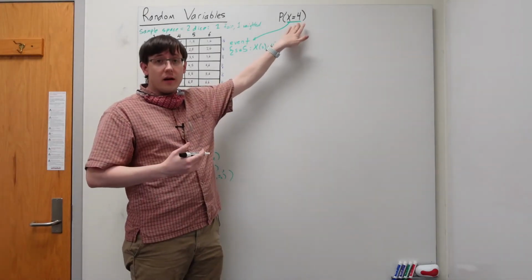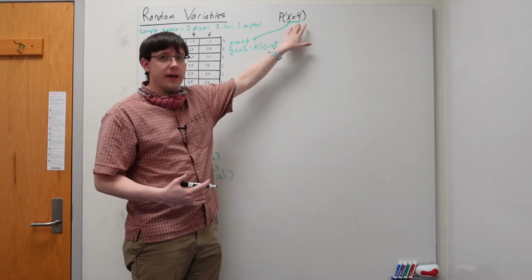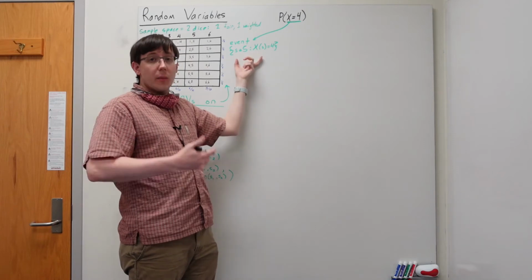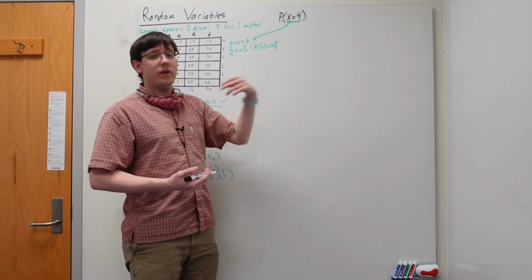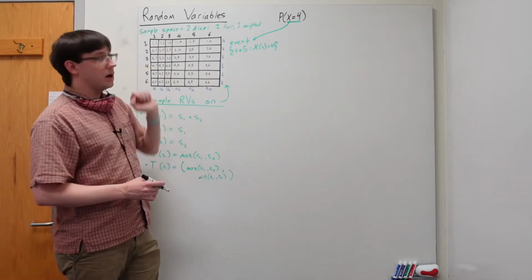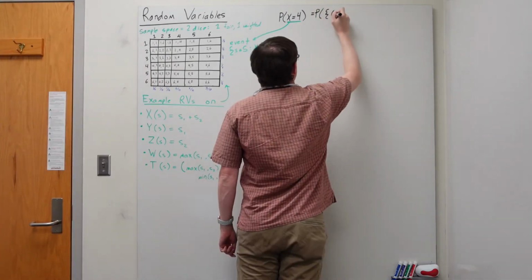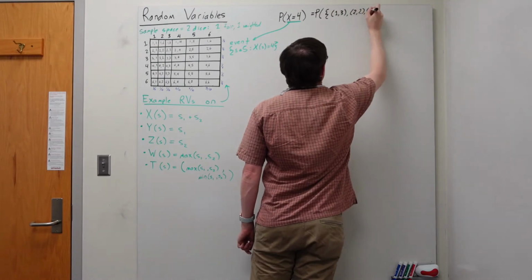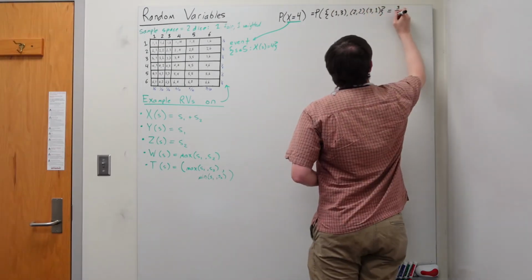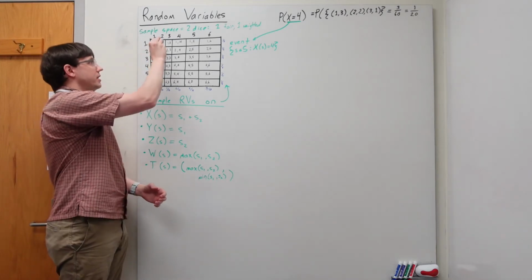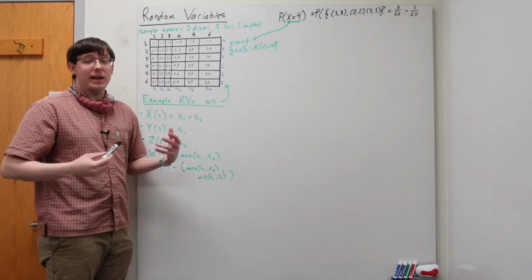But since we're thinking of x equals 4 as an event, we already know how to calculate the probability of an event. We just add up the probability of each of the outcomes in that event. And so when we add up the probability of these 3 outcomes, we get a 20th.